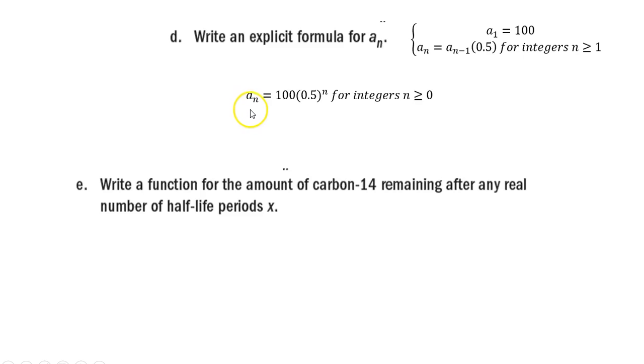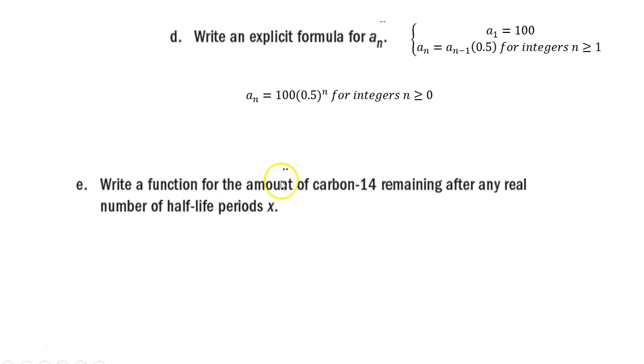So A sub n is going to be 100, the initial amount, times 0.5 to the n power for integers that are bigger than or equal to 0. Because we can plug in 0 here, that will tell us how much carbon 14 we started with, in the context of how many grams of carbon 14 we have.